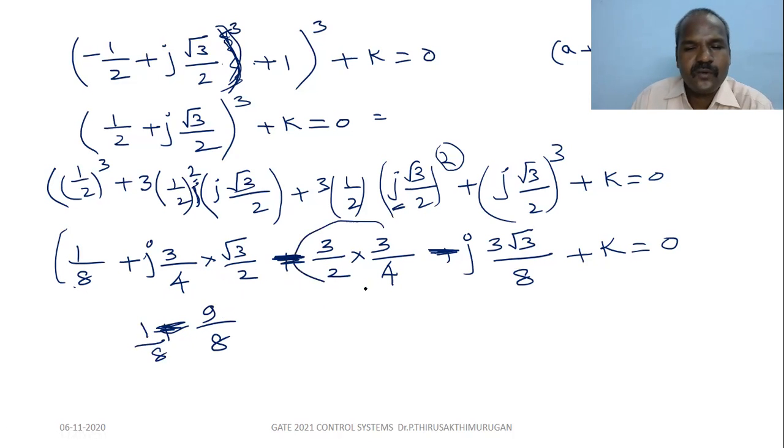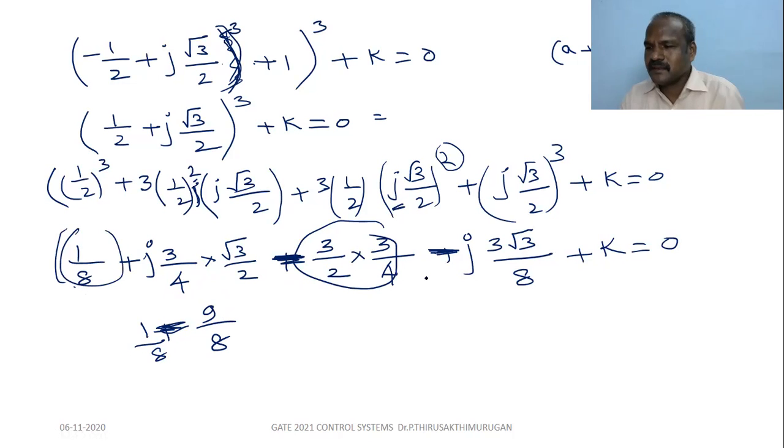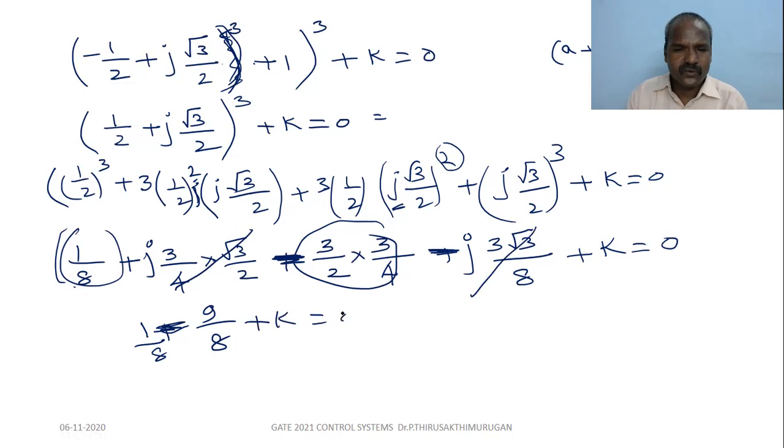These two terms are over. Okay. So the j terms: j 3 root 3 by 8 minus j 3 root 3 by 8. So these two cancel each other. Plus k equal to 0. So what do you get?